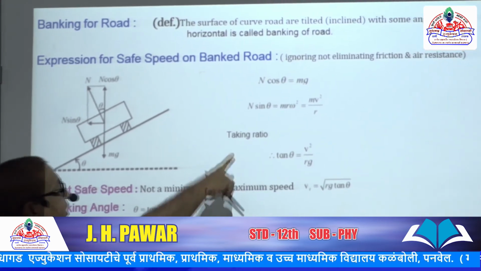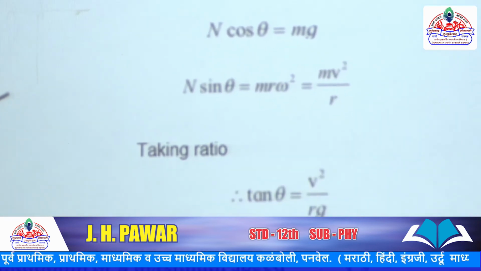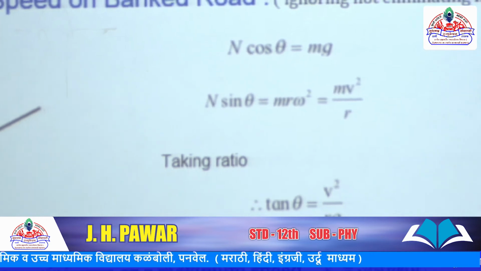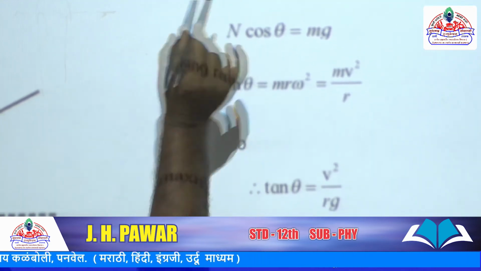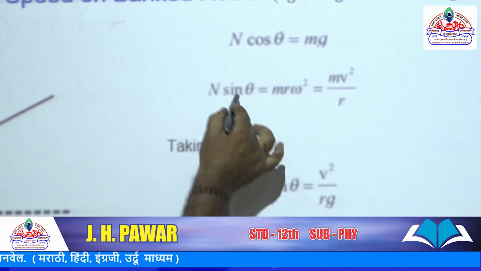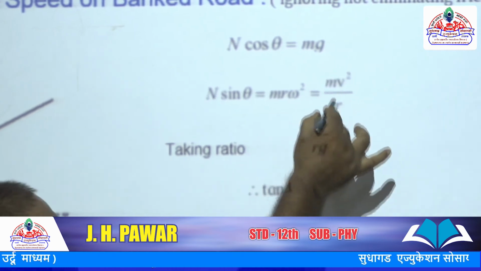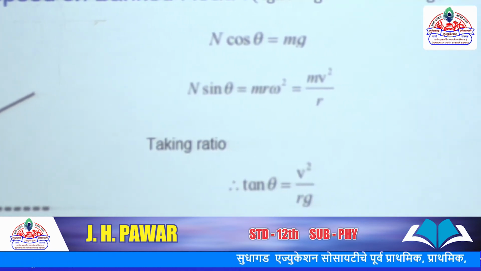And thereafter n sin theta equals m r omega square, or m v square upon r. Taking the ratio of them, n sin theta upon n cos theta, n gets cancelled, sin theta upon cos theta, you get tan theta. And here m v square upon r upon mg, m gets cancelled, you get v square upon rg.